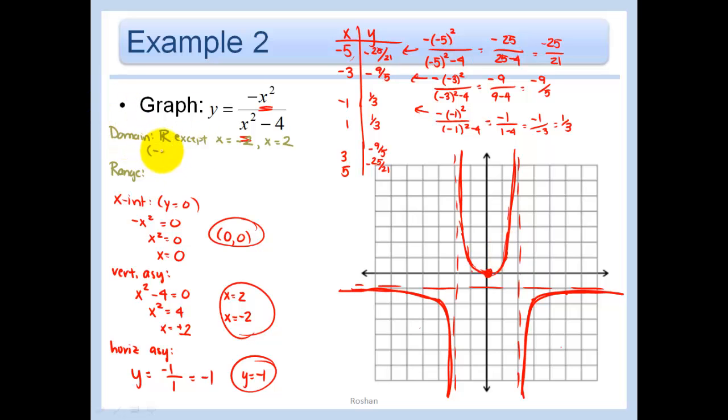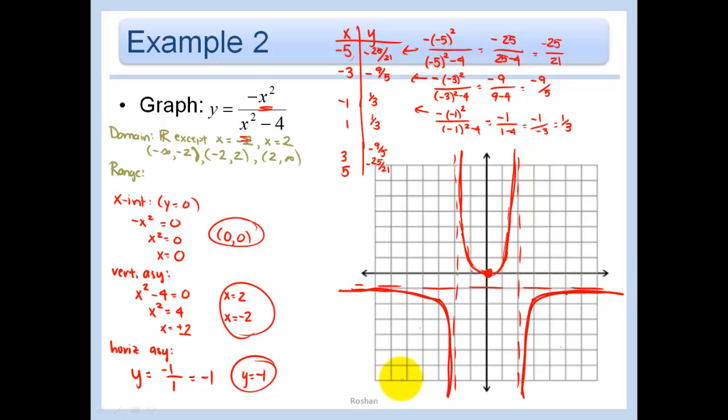So it goes from -infinity to -2. It doesn't include -2. Then it goes from -2 to 2. And then we go from 2 on, right? We went from -infinity to -2, then between -2 and 2, and then from 2 on.